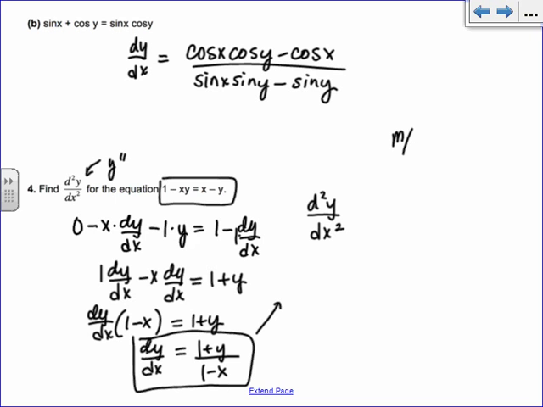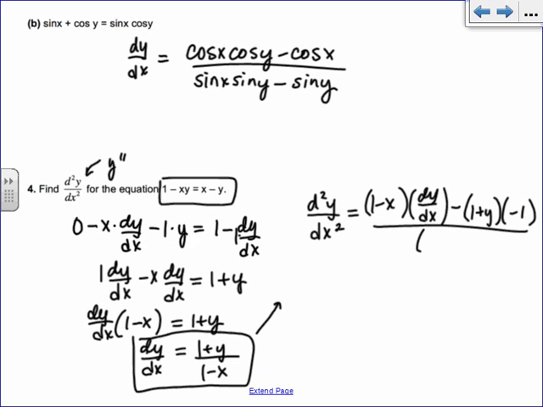Where it was like meters per second squared. It's indicating that that unit on the bottom is the squared unit now. So that's why we write it that way. So anyway, I'm going to have low d high. So the derivative of high, the derivative of 1 plus y, is just dy over dx. Minus high d low is just going to be -1 all over the square of what's below.